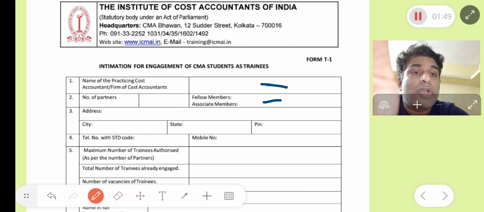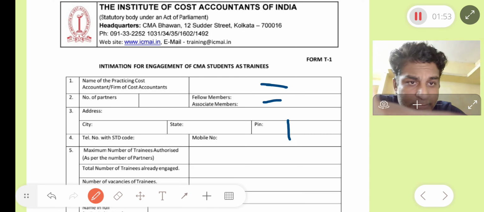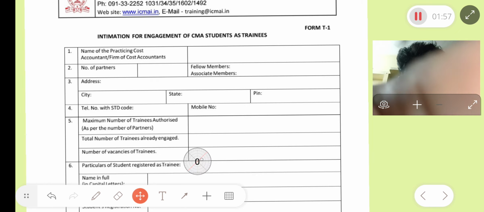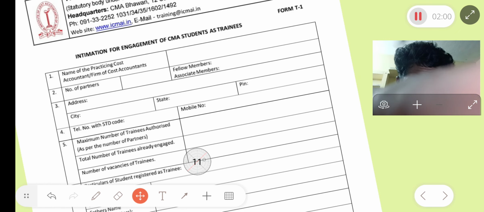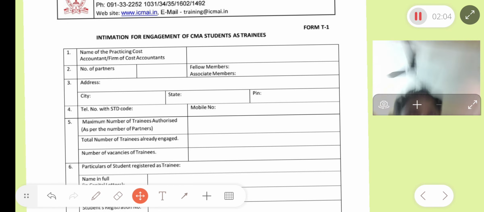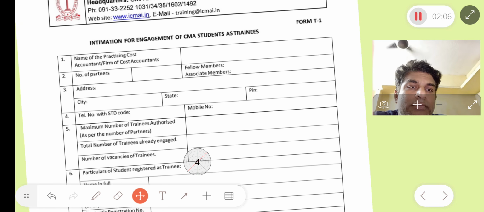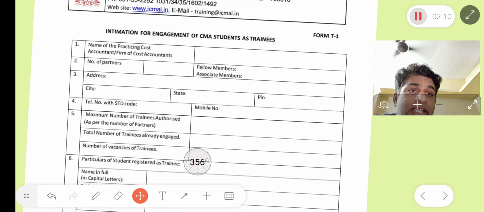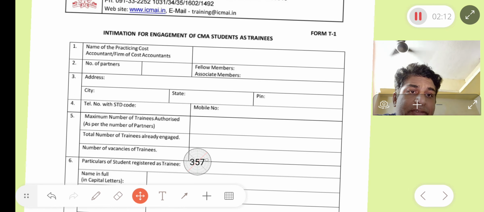This is the engagement to join, and after completing the training, we see here the name of the cost accountants: intimation for engagement for CMA students as trainees.